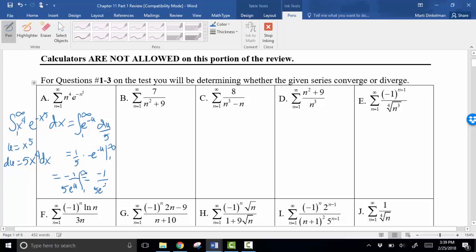Negative 1 over 5 e to the positive infinity, and then 1 over 5 e to the 1. So this thing goes to 0 because 1 over e to the infinity is 0. So we have 0 plus 1 over 5e. Since this integral converges, I got a number out of it, that means this series converges.